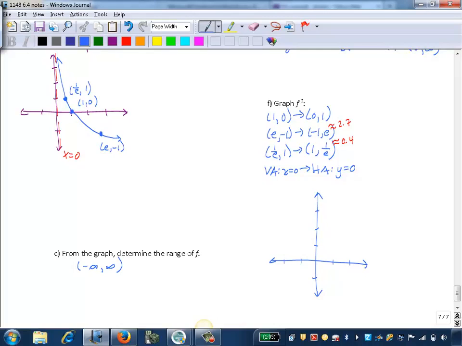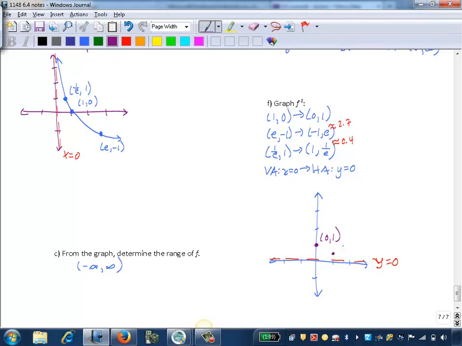So let's start by sketching that horizontal asymptote, that boundary line at y equals 0, on the x-axis. And now we've got our key points. So we have 0, 1, 1, 1 over e.